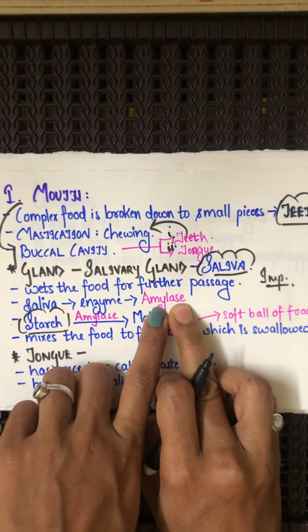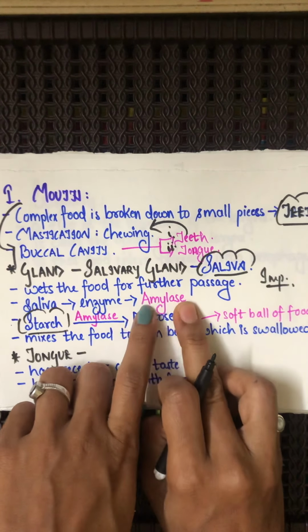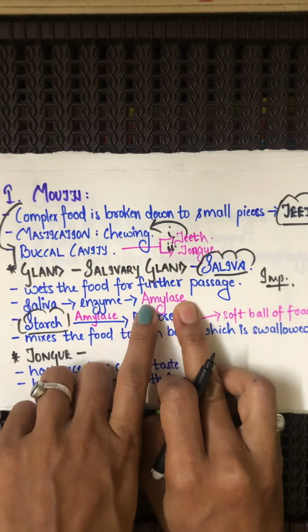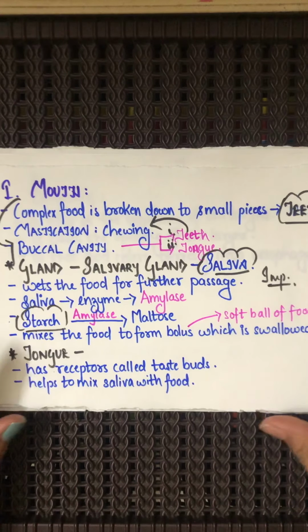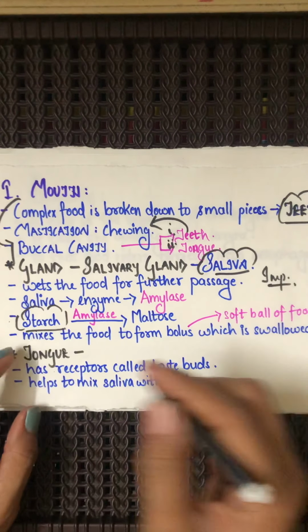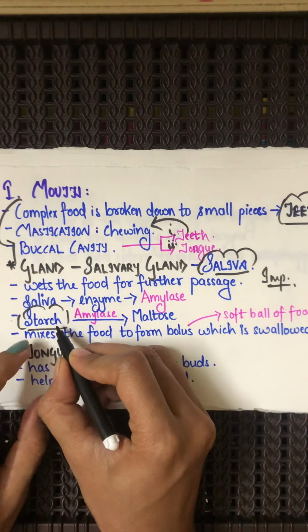Yes, amylase. Now what is the function of this amylase? Do you understand? This amylase acts on the starch. For example, if we have taken rice in our diet, the rice is what? Carbohydrate. Carbohydrate, as in the term, is starch in nature. Now this starch cannot be digested directly.